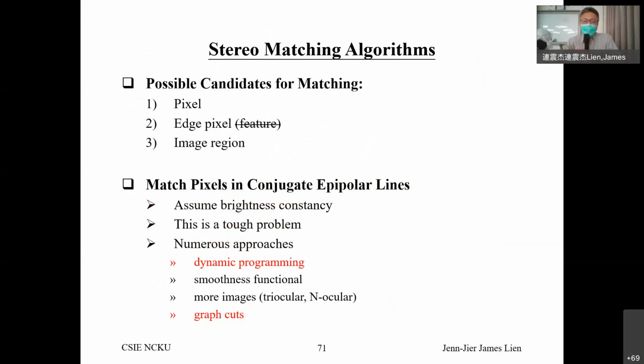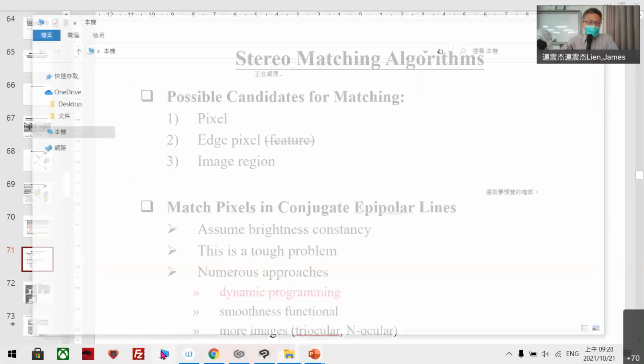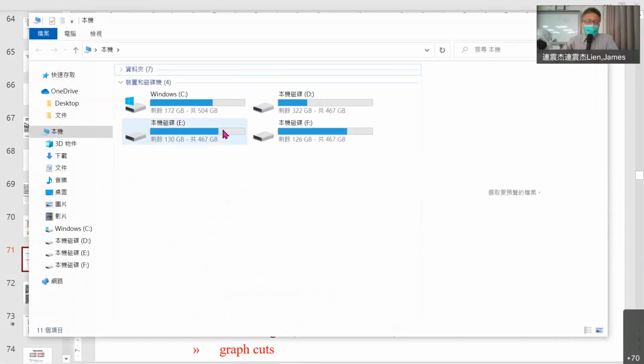In the OpenCV book, I forget the page, chapter 12 or chapter 11, they talk about this one. I'll show you.